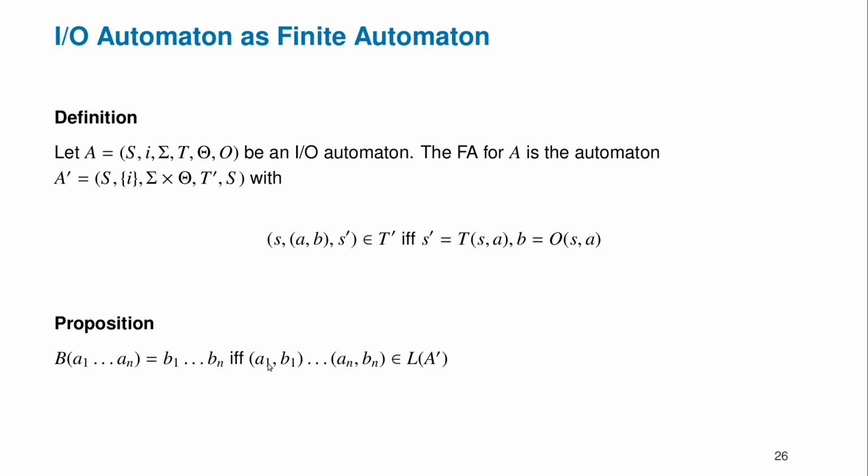So the first symbol is A1 B1, the second symbol is A2 B2, and so on, and the last symbol is AN BN. And this also works in the other direction. So if we have such a word in the language of A prime, then we have the respective behavior for the I/O automaton. So we have the two components reflecting the input and the output.